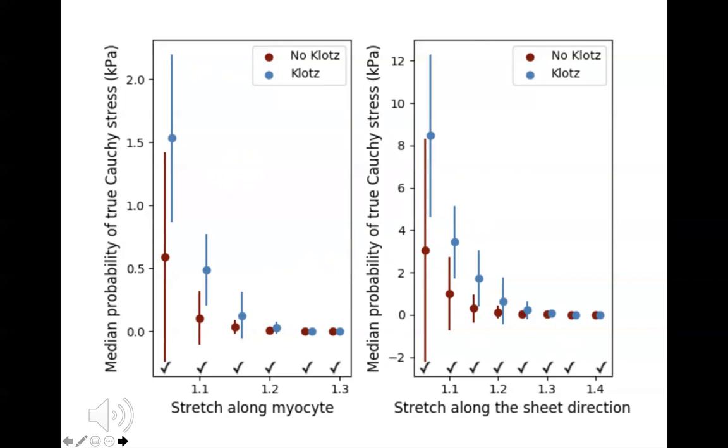And the vertical bars represent the spread over the 6 healthy volunteers. We see that with the Klotz curve prior, we get systematically higher posterior probabilities, indicating a better agreement with the true stretch stress curve. The tick symbols at the bottom indicate that the difference is statistically significant.